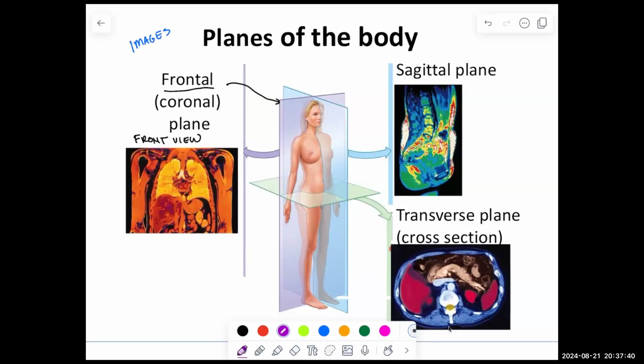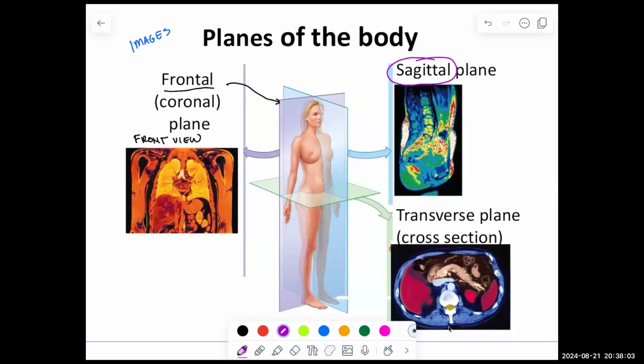Sagittal. Ugh. In labs, spelling matters. In lecture, spelling does not. But in lab, look at that one. Sagittal. Many people are going to put it wrong. Okay, spelling matters. Sagittal plane.